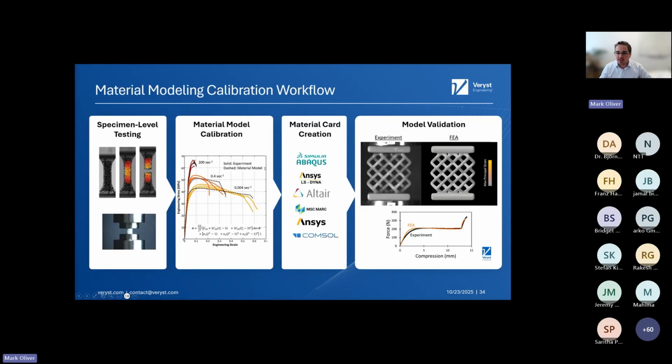So that is the same sort of process. We're going to start with specimen level testing, but unlike in the cohesive zone model calibration, where we're usually using fracture mechanics based tests, here we're using generally bulk tests.